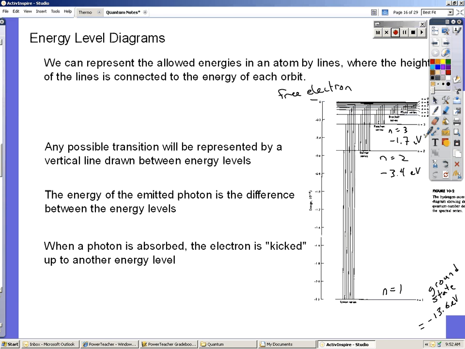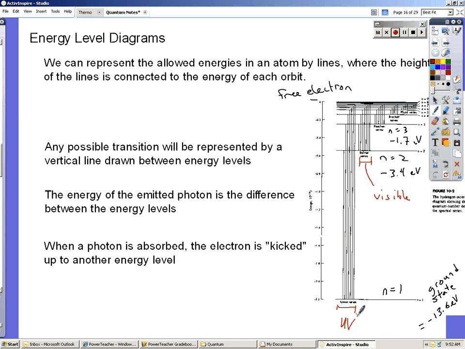The lines you can see are the transitions where it jumps from a high energy state down to n equals 2. All of the transitions to level n equals 1 are in the ultraviolet because they're very high energy photons.